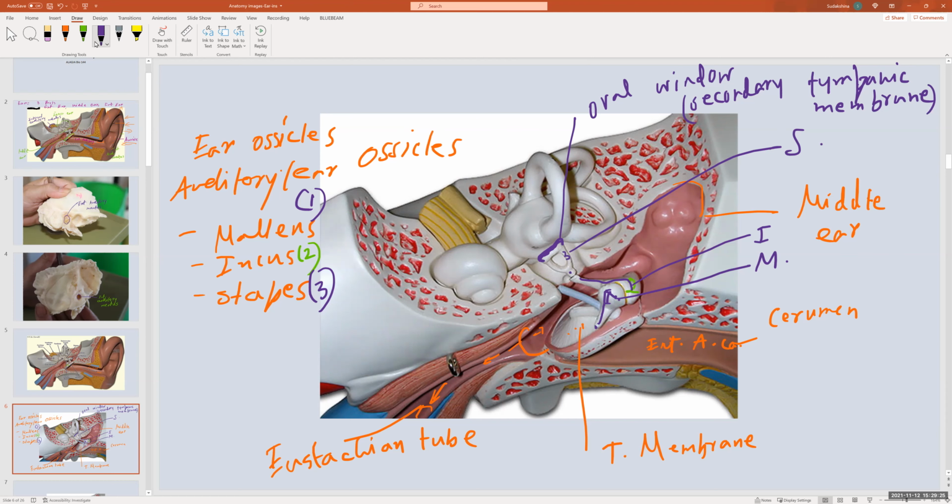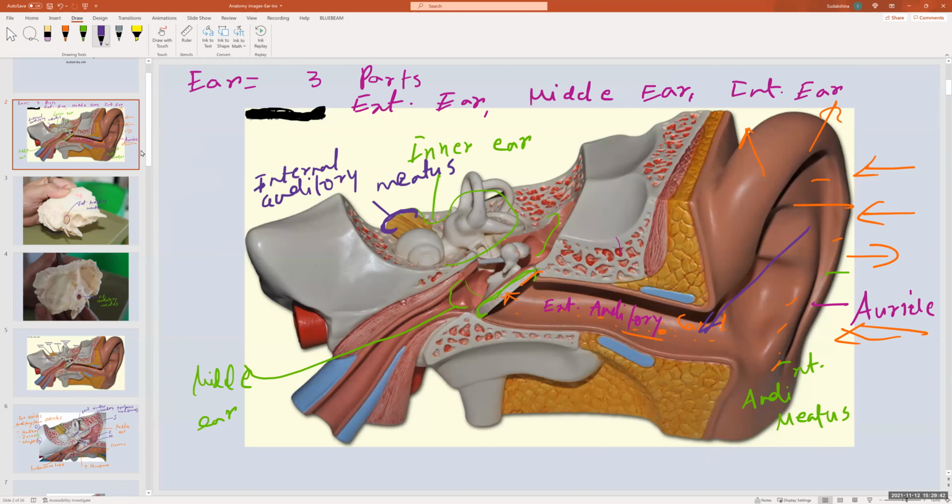So malleus, incus, stapes. So the way it works, again, I'm going to talk about how sound wave is transferred and what happens as a result as we go through every part. So as we have seen before, sound wave is deflected via the auricle into external auditory canal.